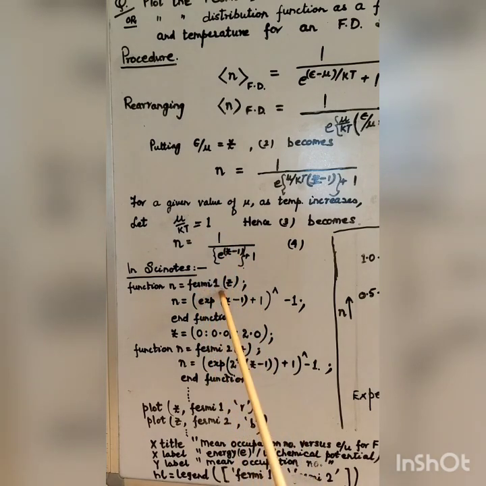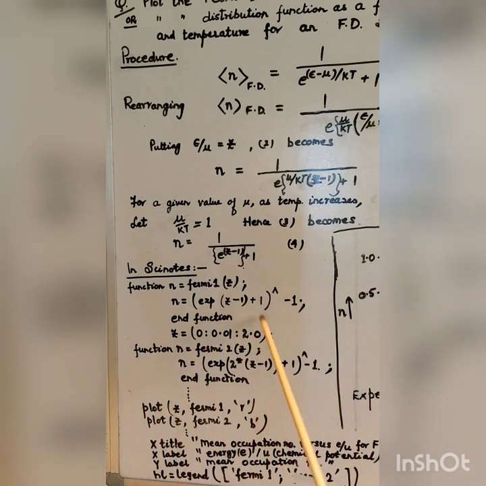So Fermi1, and you can see that the only variable on this side is z. So I write Fermi1 as a function of z, semicolon, for reasons that you already know. And I write this expression n is equal to (exponential (z minus 1) plus 1) to the power minus 1. I think you will understand that from the formula we can write this straight away.